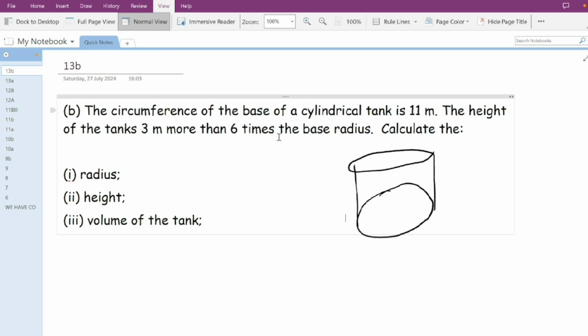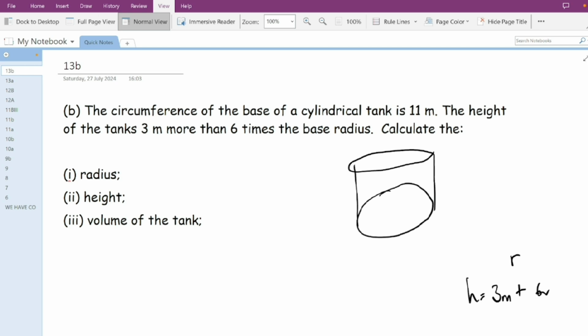Now going back to this line, you need to comprehend it. The height of the tank is 3 meters more than 6 times the base radius. So let's say the base radius is r, then 6 times the base radius is 6r.